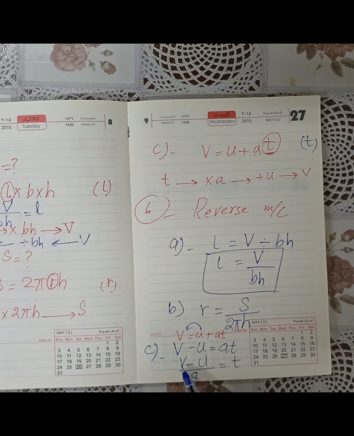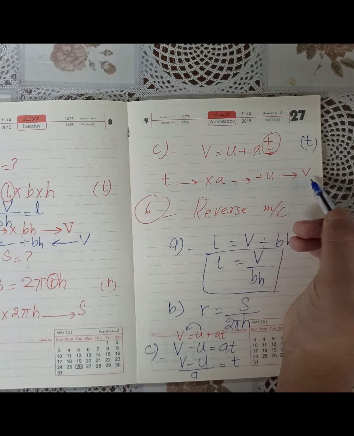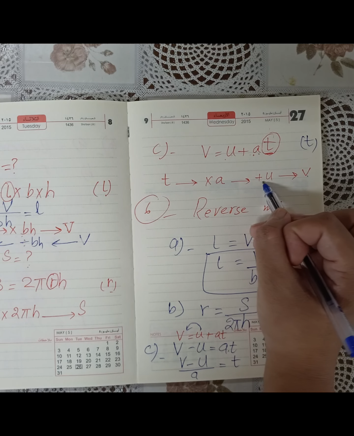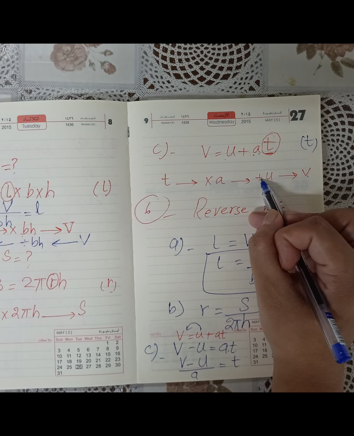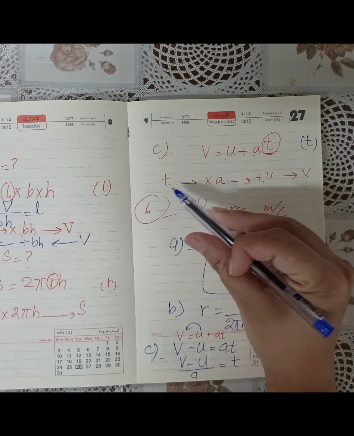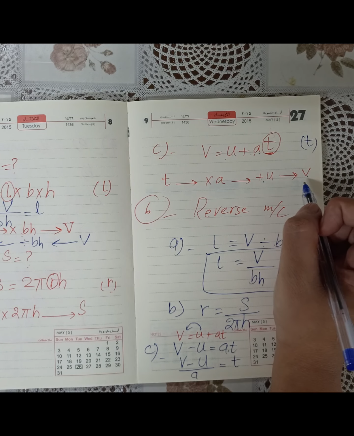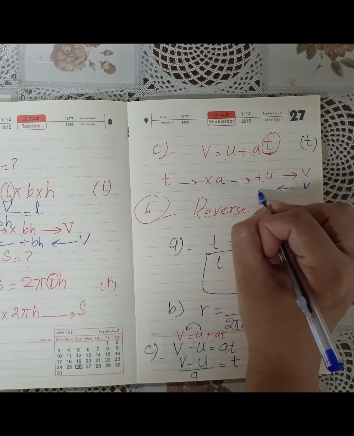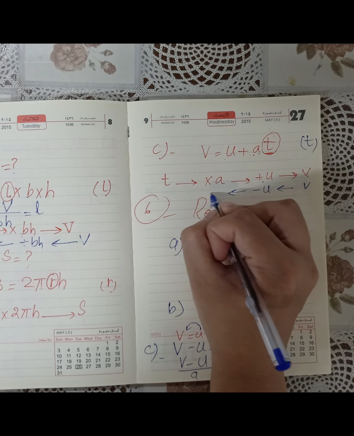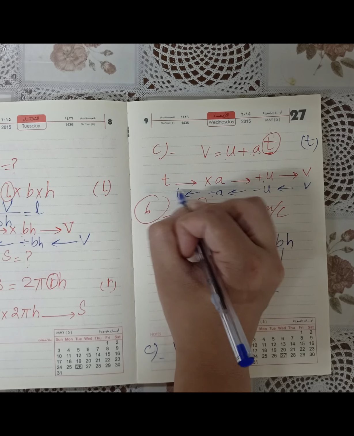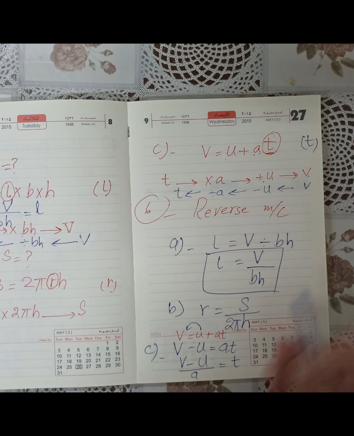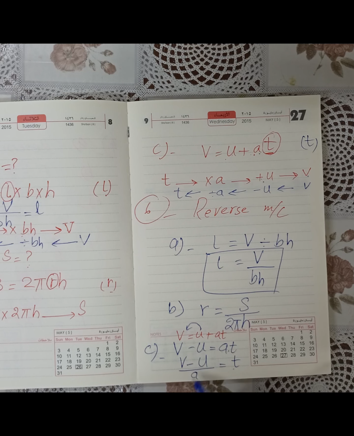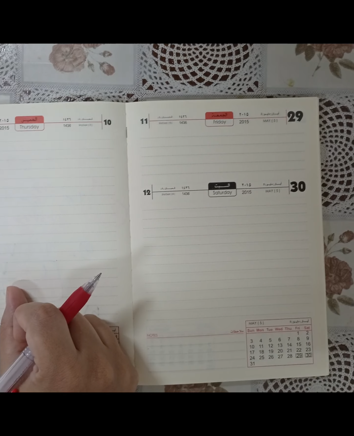So I will get T as V minus U divided by A. Or I can see from here that first I will take V, then I have to subtract U, V minus U, then I have to divide it with A to get T. That means if I want to write this as a reverse operation, I have to subtract U, then divide it with A to get T. So I can get T by V minus U divided by A.